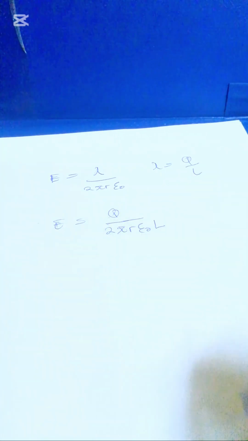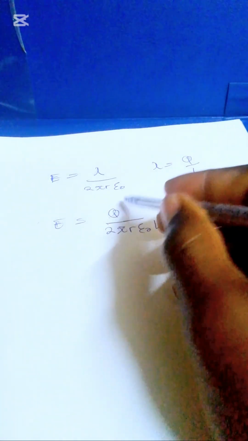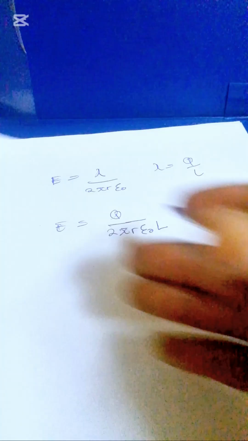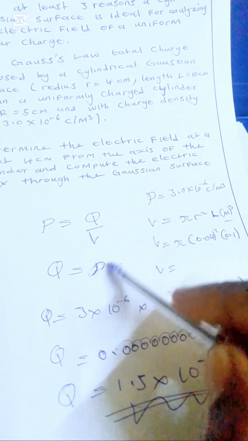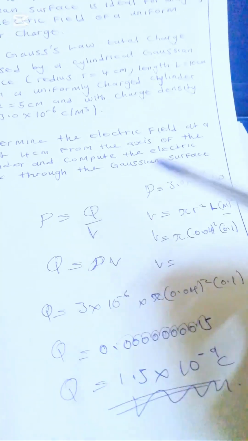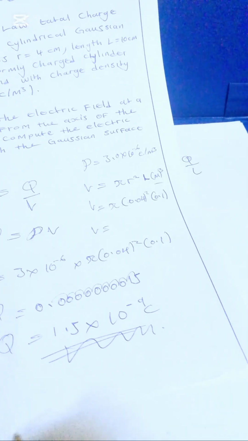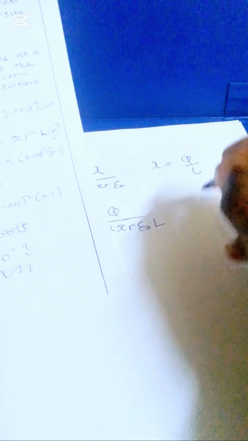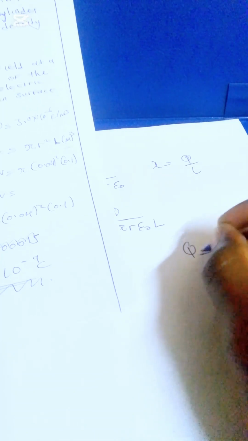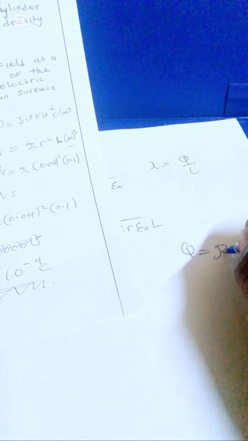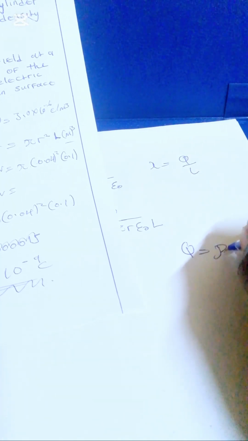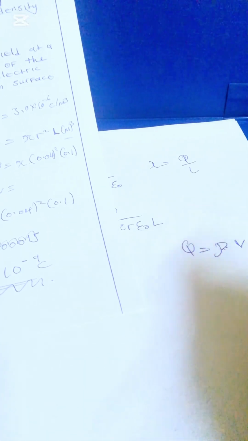Then our charge, from where we are coming from, I'm going to use this as my charge. So my charge is Q. We have the volume charge density, and you multiply it with the volume.